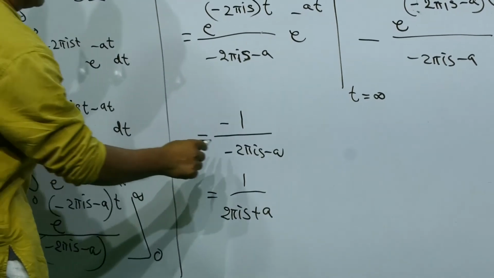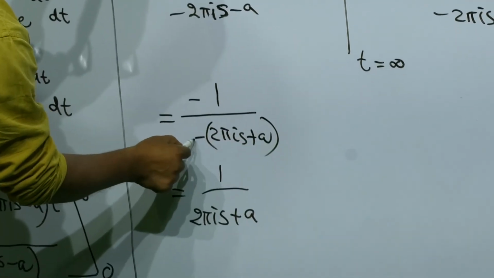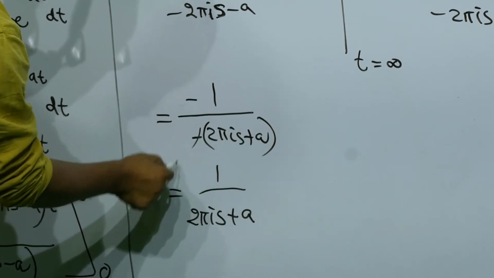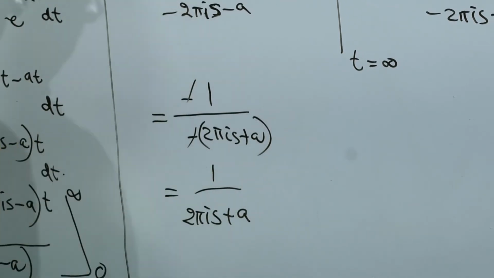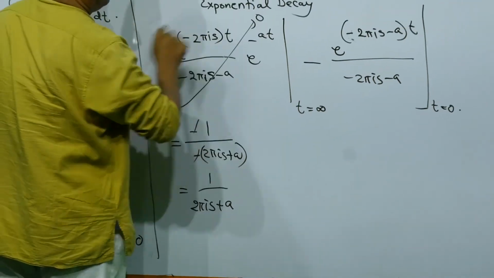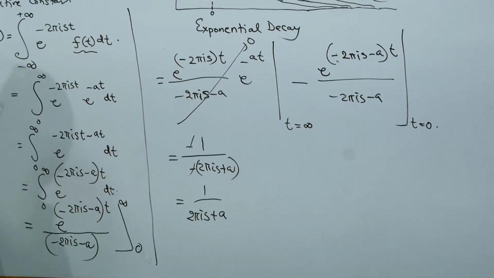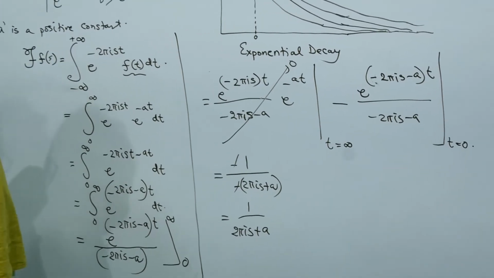If I take minus s common, this will be plus, and minus minus gets cancelled, so 1. And this part will be equal to 0. So this is how we take the Fourier transform of the decay function.